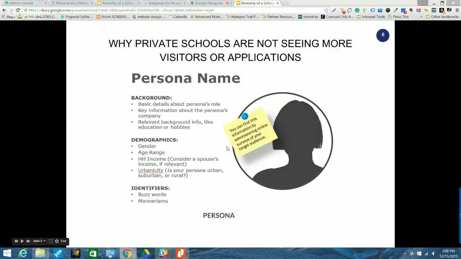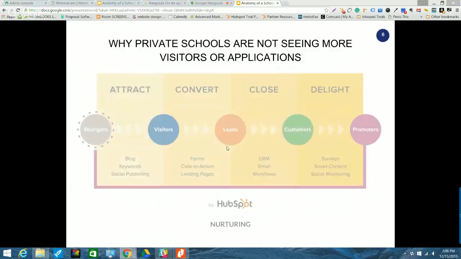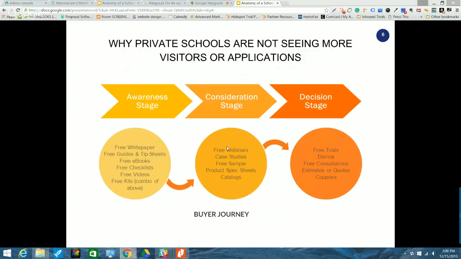The other thing that's real important is not only do you need to understand your buyer personas, who your parents are that you want to attract and what they're like, but also understanding the buyer's journey. Many schools don't even take this into consideration. I often talk to schools and hear that their main goal is to have an open house and then get the families to apply from the open house.